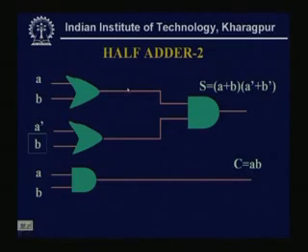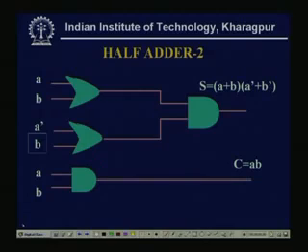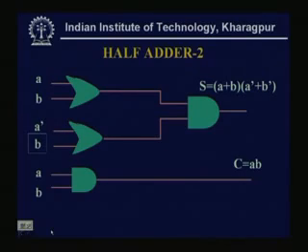See that A plus B and this is A dash plus B dash, 2 input OR gates and then one 2 input AND gate, and carry remains the same. So the total number of gates is the same. So this is a different type of realization of the half adder.